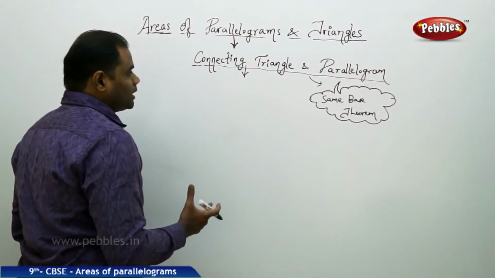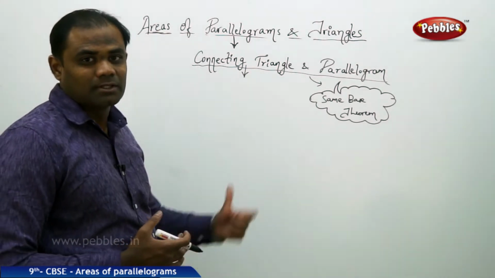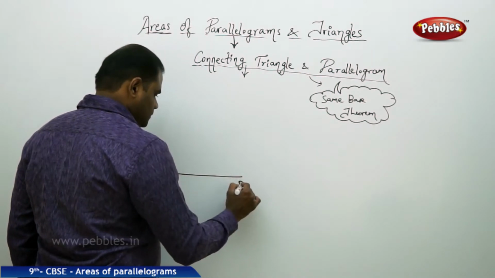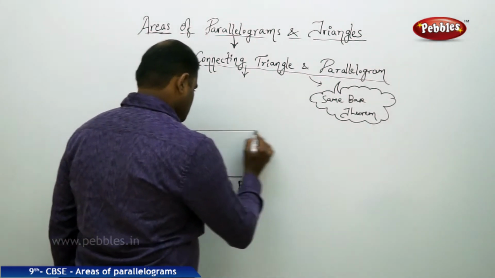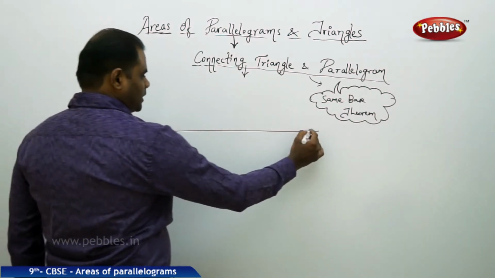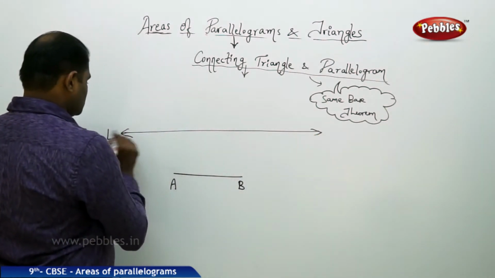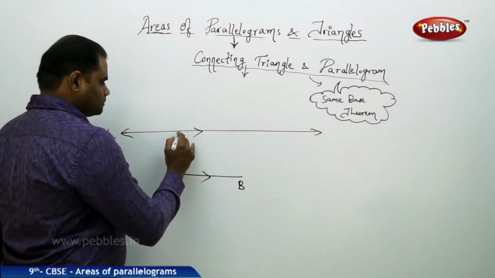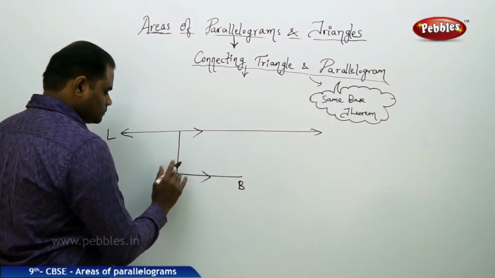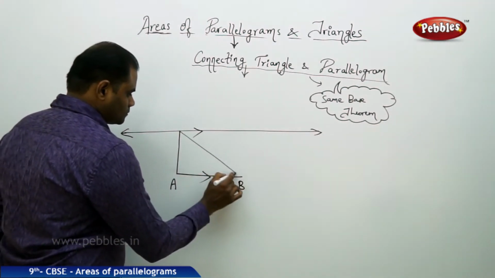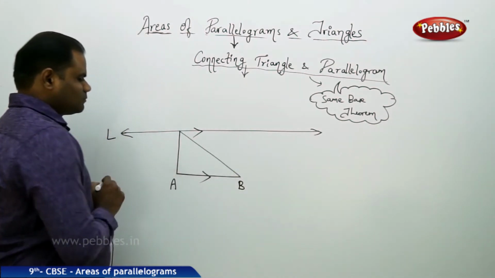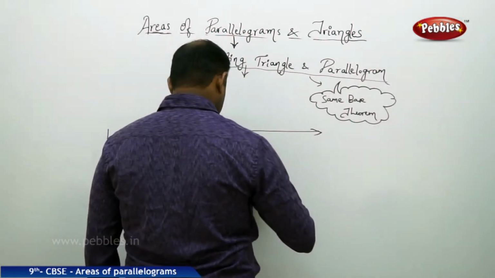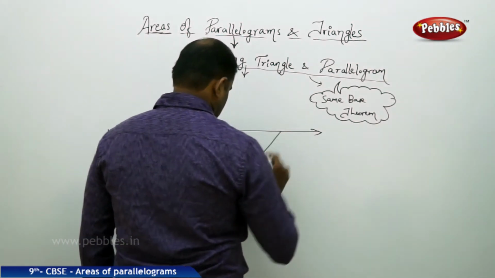A triangle and parallelogram on the same base and between same parallels is understood as follows. The common base AB, and the parallel line L which is parallel to this. Say I have a triangle out here, and next I have a parallelogram out here.